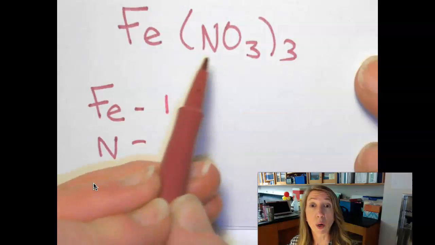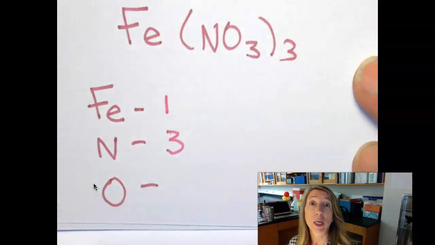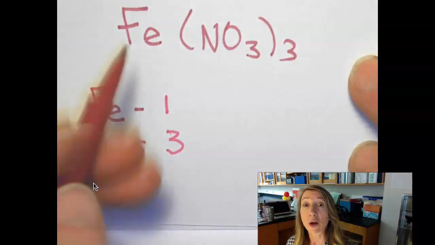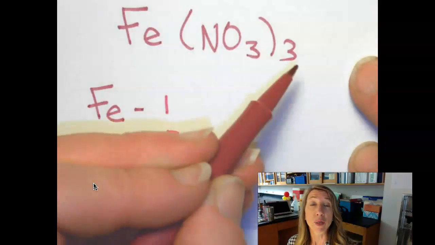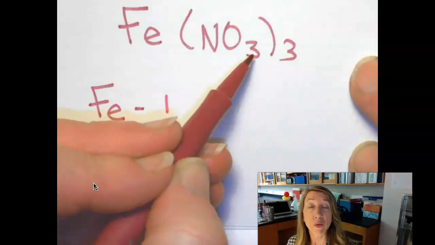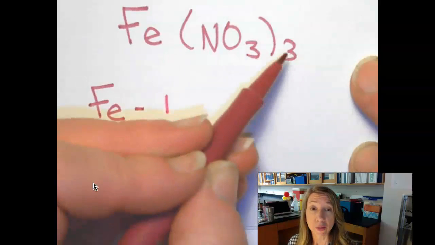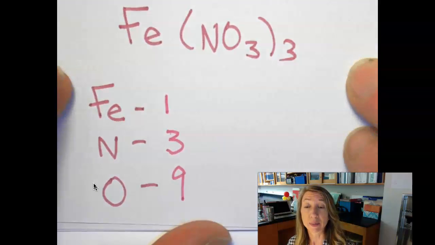So this is 1 times 3, a total of 3 nitrogens. Now the oxygen, there are 3 oxygens in the nitrate, and we have 3 nitrates. So we're not adding them, we're multiplying. That's 3 oxygens and 3 of the nitrates. So that is a total of 9 oxygens.